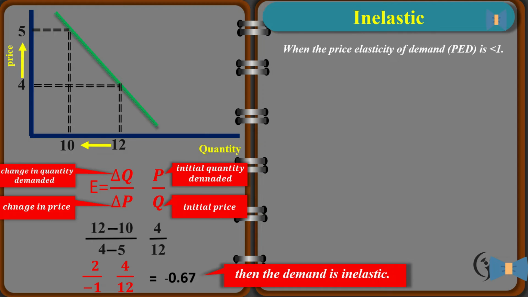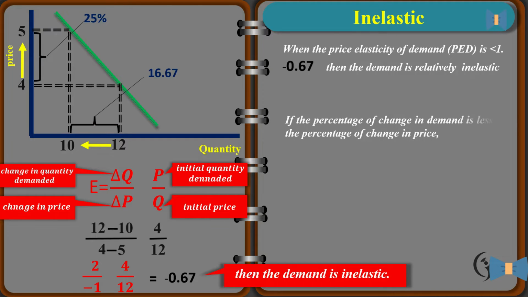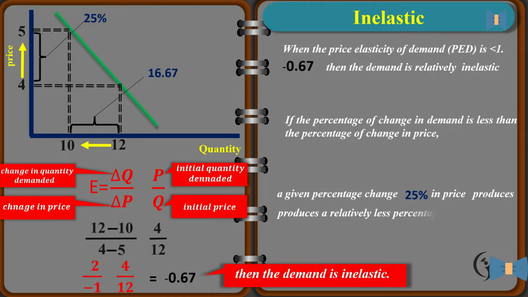Throughout this demand curve, the elasticity is less than 1. That means the percentage change in demand is less than the percentage change in price. A given percentage change of 25% in price produces a relatively smaller percentage change in quantity demanded, that is 16.67%.